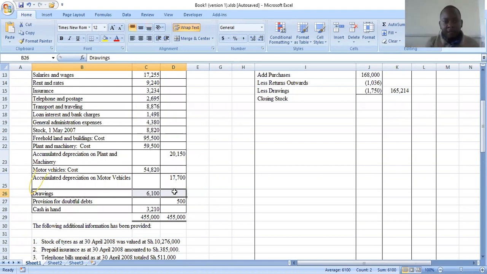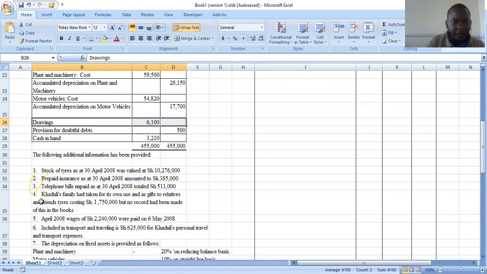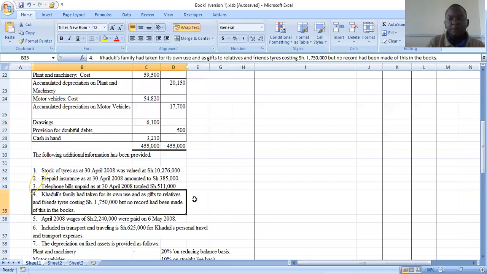They debited drawings and credited either cash, bank or purchases, so that goes straight to the balance sheet. But any extra from the additional information, which is not in the ledger, needs to be added.